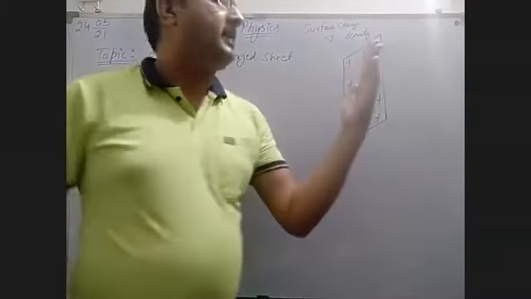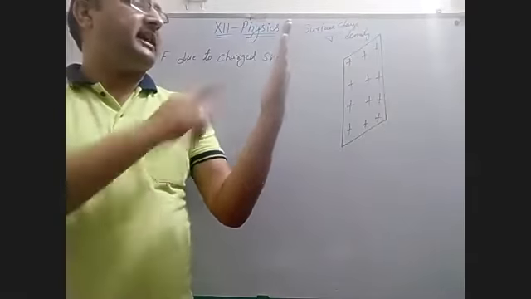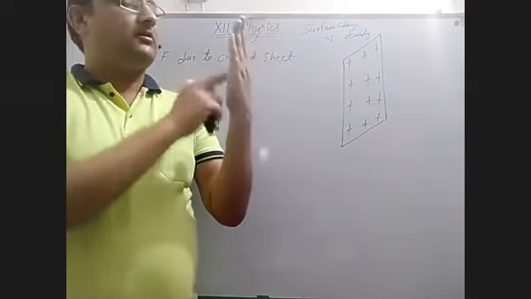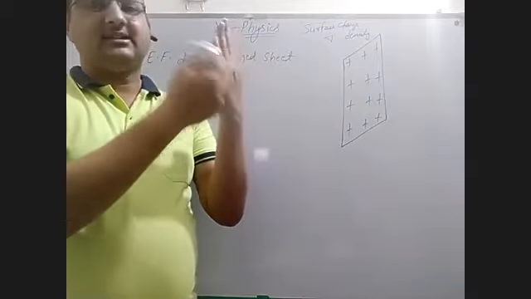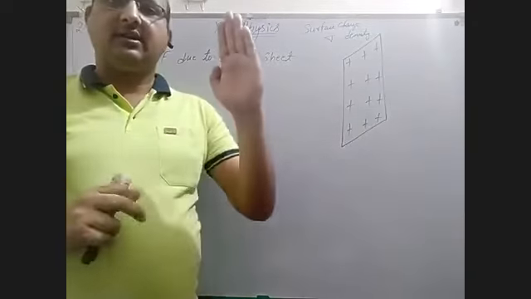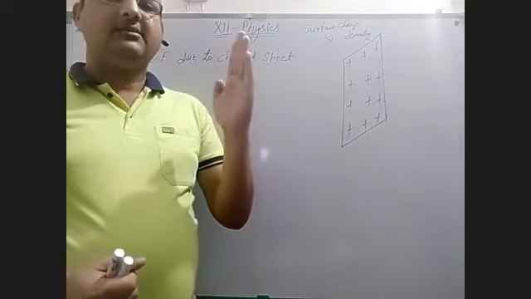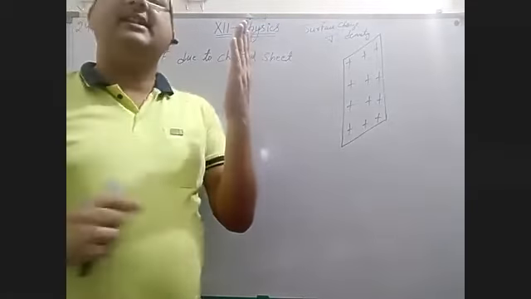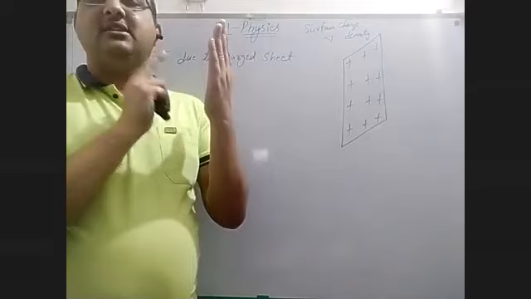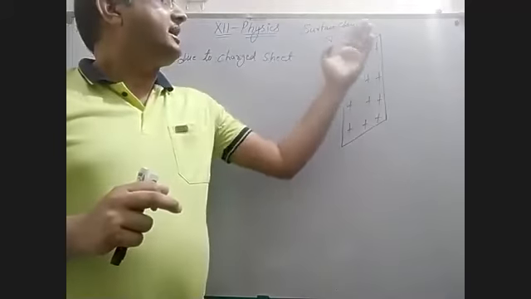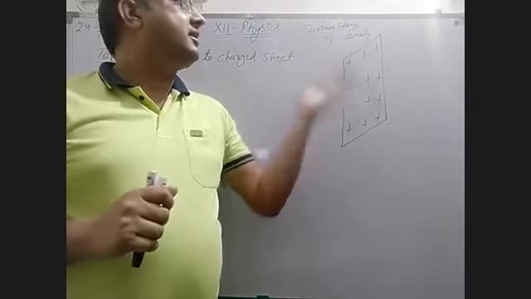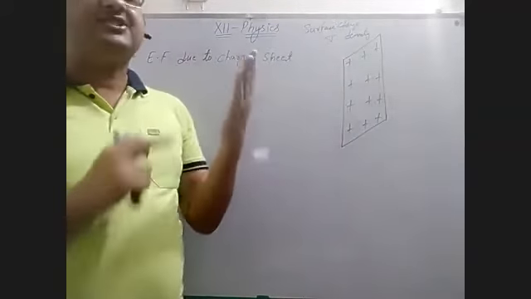Let us take the sheet in this way, and this one is charged. Firstly, there are two areas, one on this side and another on this side. But we have to find the electric field due to this plane, an infinitely long charge sheet.